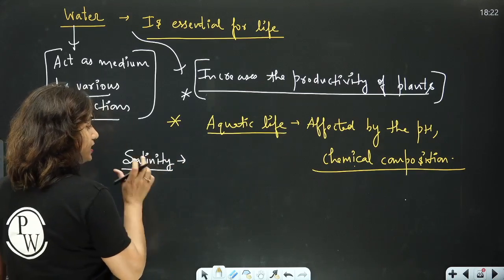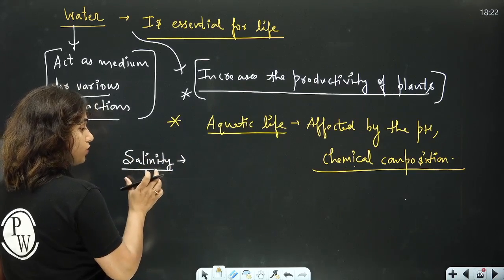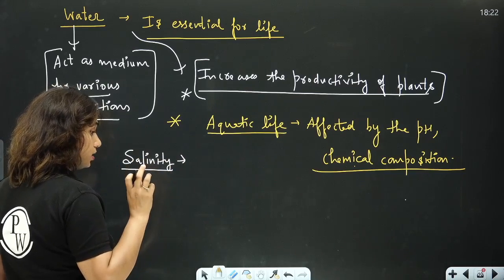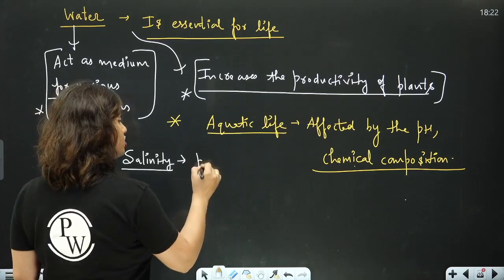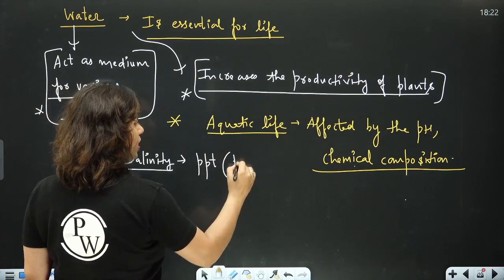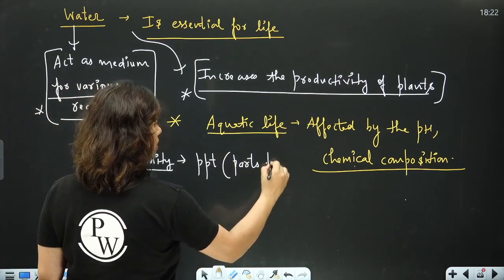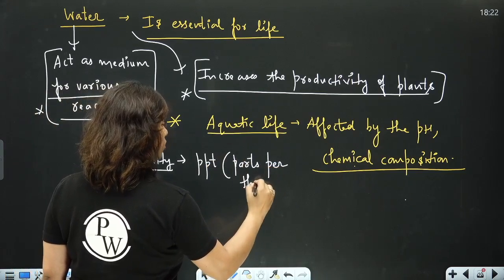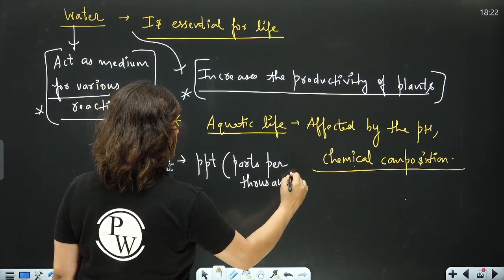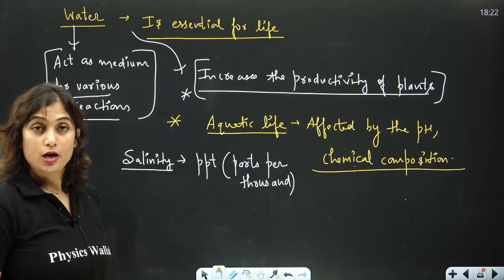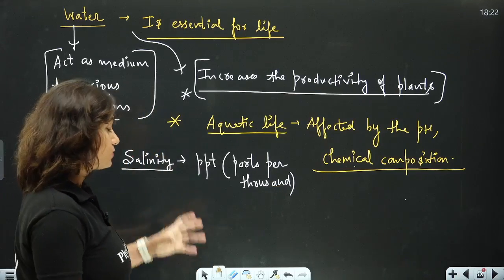So salinity is a measure of the presence of salt in the water. It is measured as ppt, parts per thousand. Remember this, this is important. It is not measured as ppm, parts per million, rather it is measured as parts per thousand.